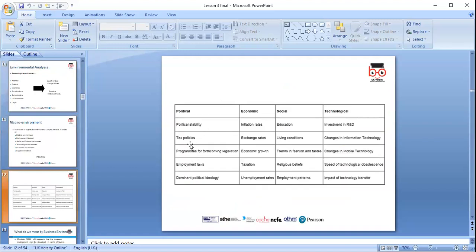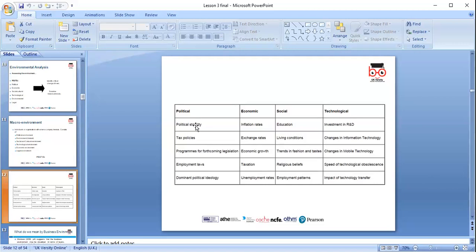We said political: political stability, we can look around in the country. If not, that will impact our business. Tax policies, forthcoming legislation, and a new political party, if it comes into power, has a different manifesto. We discussed economic factors: inflation, exchange rate, economic growth. We discussed social factors: education, living conditions, and various others. Then we discussed technology: investment in research and development and various others.